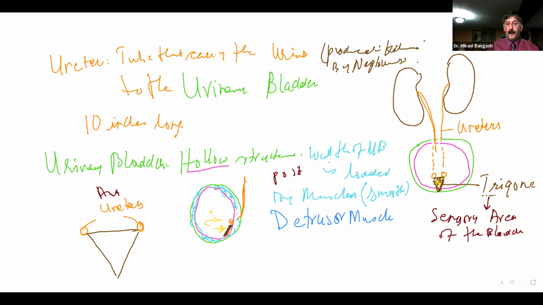Anatomically speaking, the importance of this region is that it marks the entry point of the right and left ureter into the urinary bladder. Any questions?